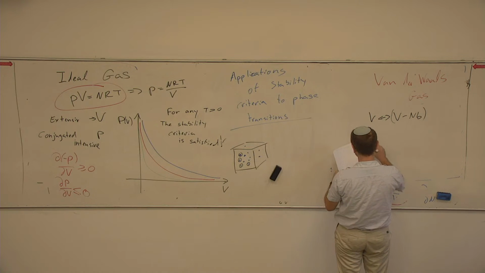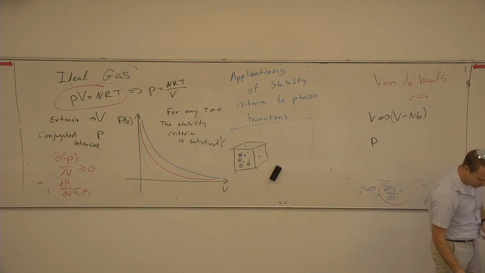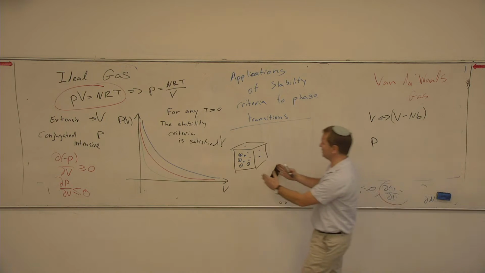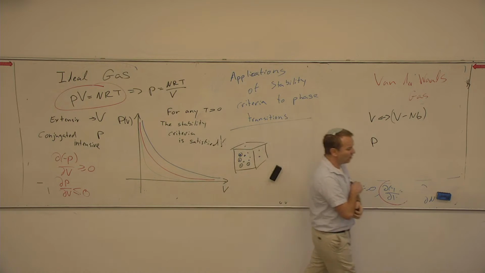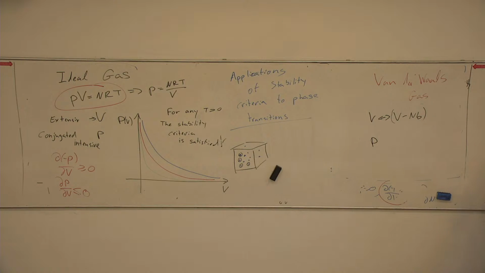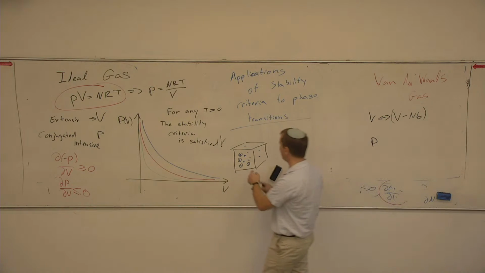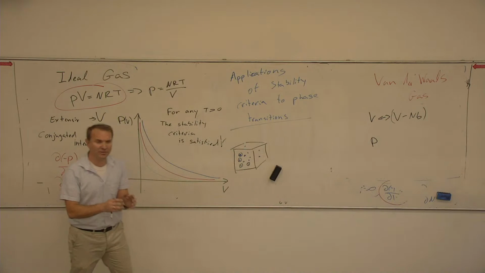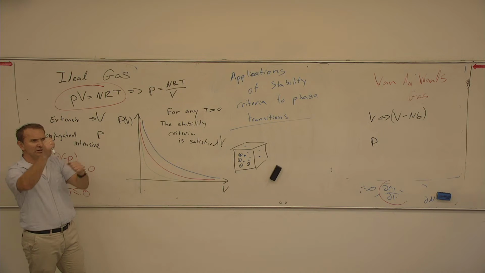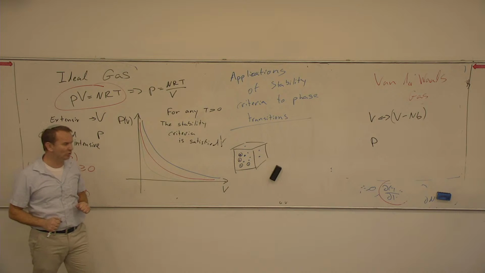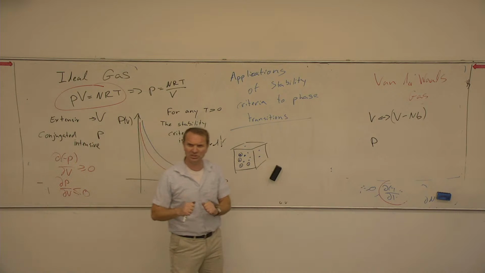Also, the pressure is not just the pressure of the walls. The pressure also has to be modified somehow. The suggestion of van der Waals was that the pressure also depends on the concentration of the molecules inside. Because if the concentration is really low, the pressure is just the particles pushing on the walls, because they do not encounter each other.